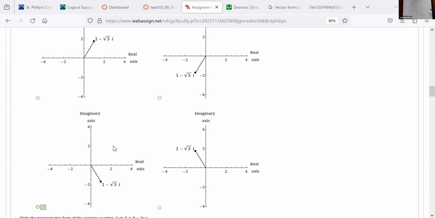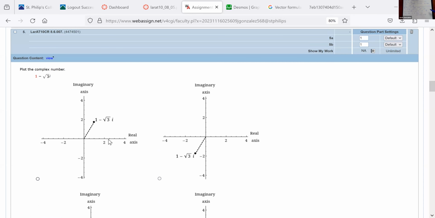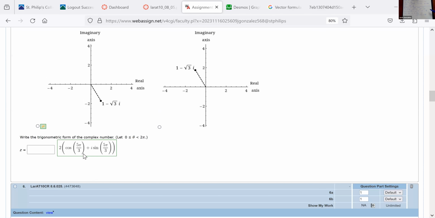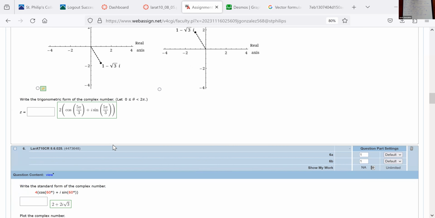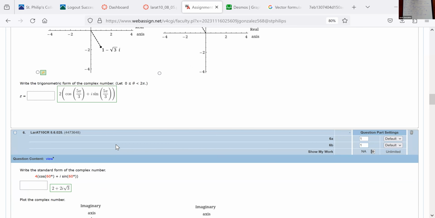You'll do the same thing here. It's just that their angle will be something different here. I would say use degrees and then look at the circle to change it. Or change it yourself, that's fine.